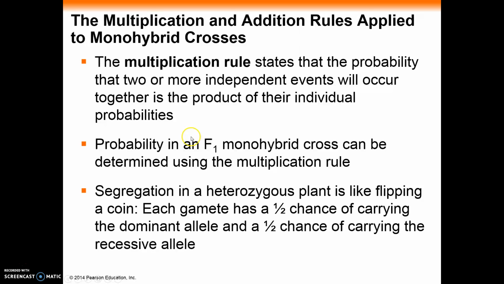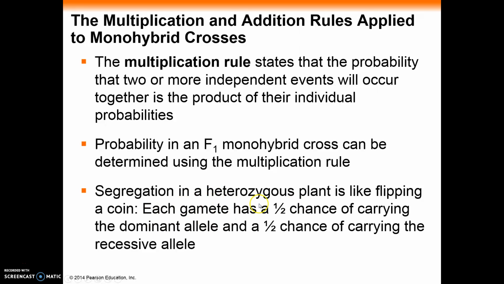So this actually works out nicely when we look at Punnett squares. The probability of an F1 monohybrid cross can be determined utilizing the multiplication rule. Segregation in heterozygous plants is just like flipping a coin.